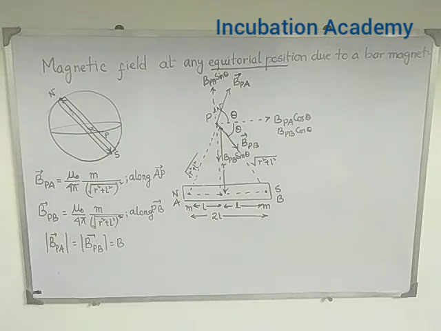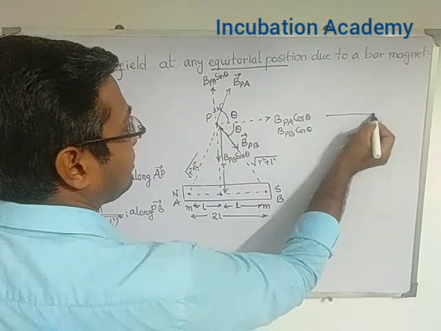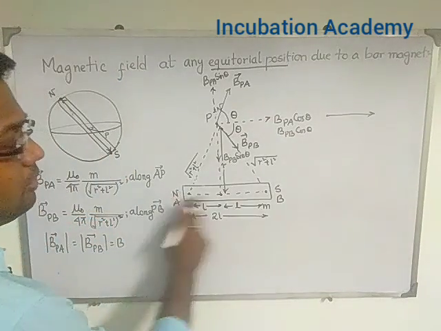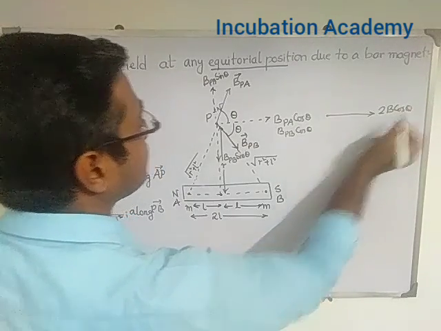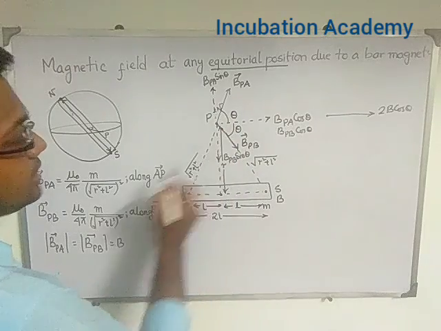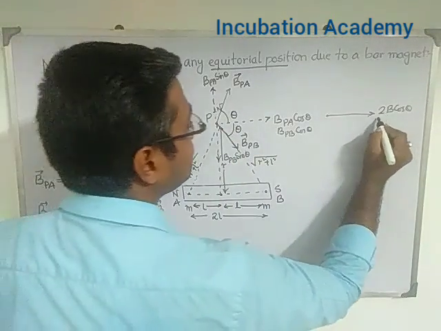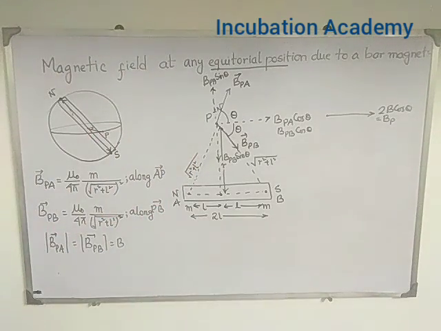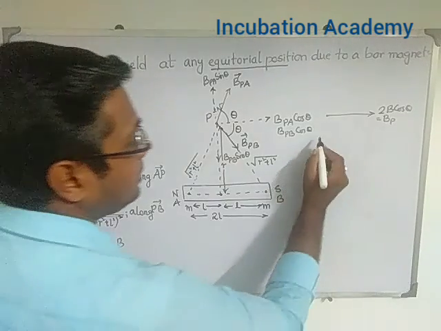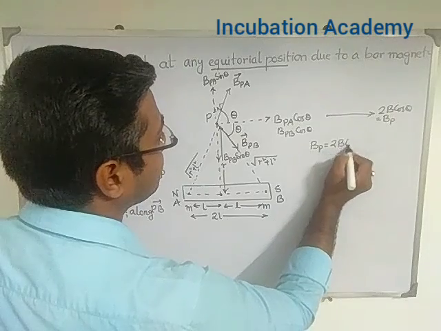If I consider that magnitude is B here, then along AB the resultant 2B cos theta works, and B sin theta and B sin theta cancel each other, and these give the resultant magnetic field at the point P. So this BP will be 2B cos theta.